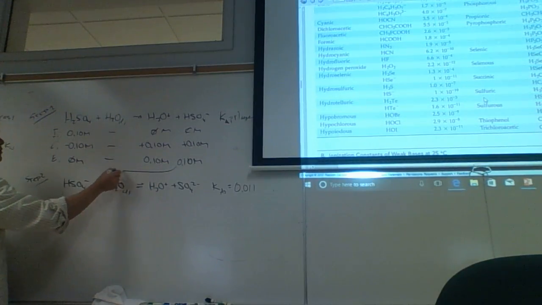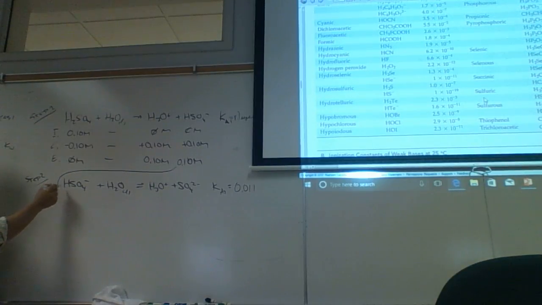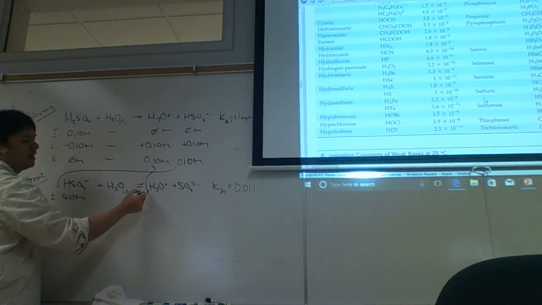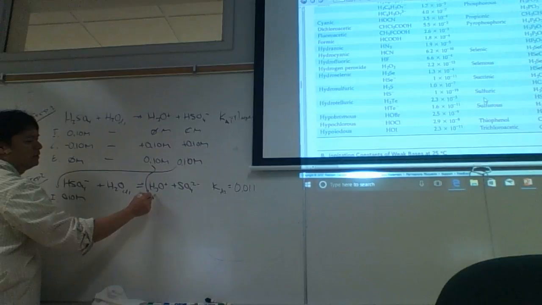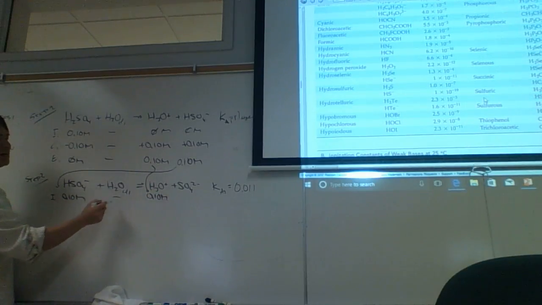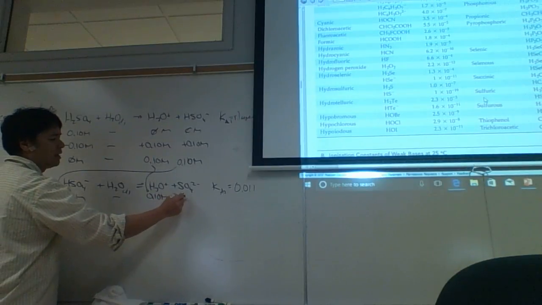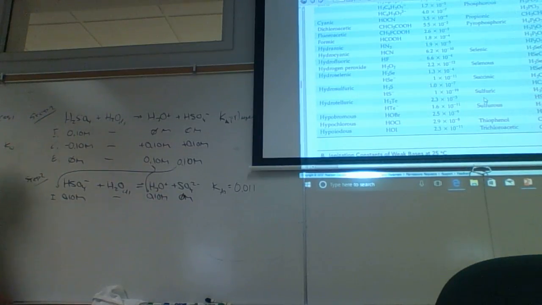Now, the HSO4 minus that we form in step 1 is going to start step 2 here. And so we'll take this, but we also have what we call a common ion. This common ion is going to affect how much hydrolysis we expect. We expect less hydrolysis with a common ion. This is a Le Chatelier's type principle.